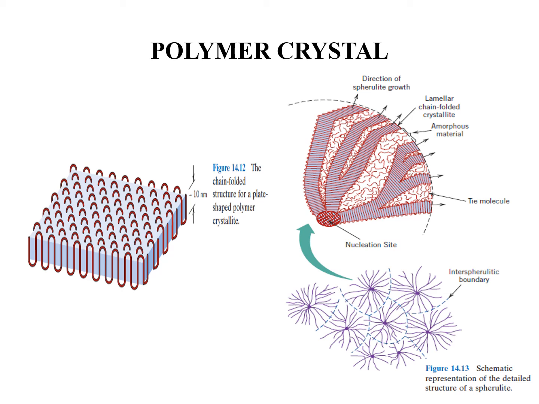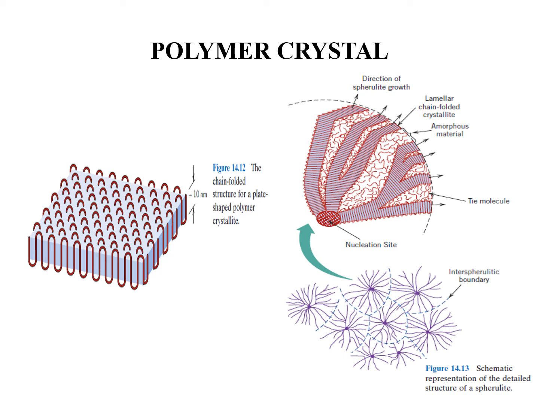If we examine the single polymer crystal, the structure of the crystalline regions can be described as regularly shaped thin platelets, or this can be said as a lamella. It is approximately 10 to 20 nanometer thick, and these platelets will form a multi-layered structure.